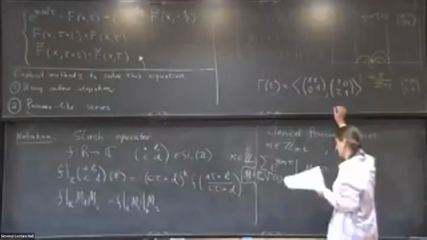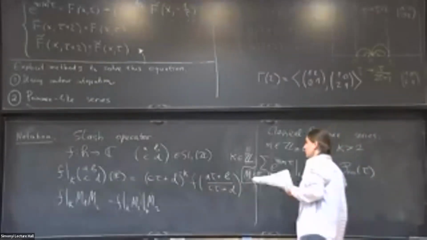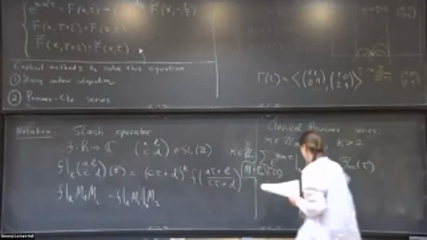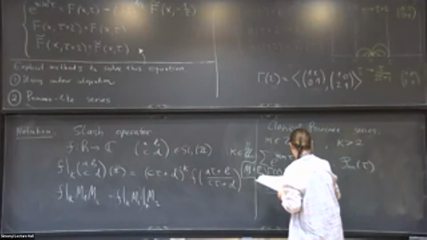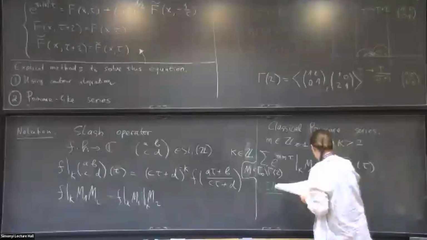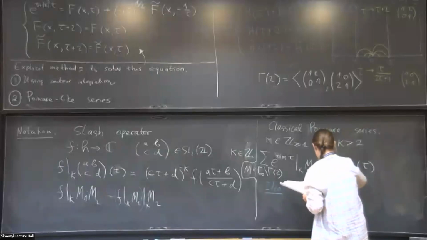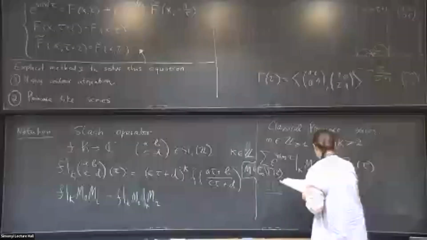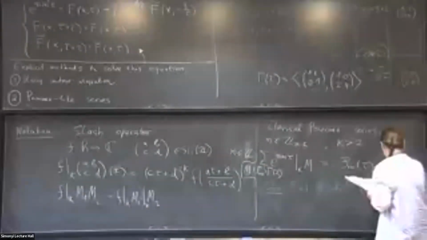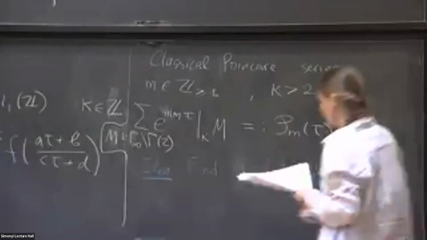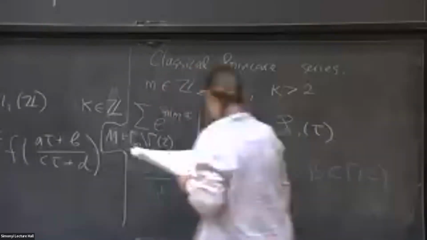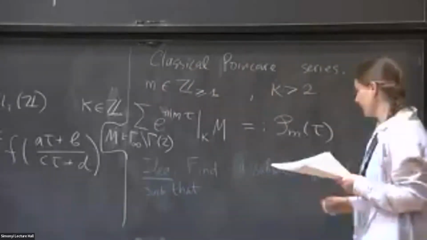So now the idea would be to find two subsets of our group such that the following will be formally true.